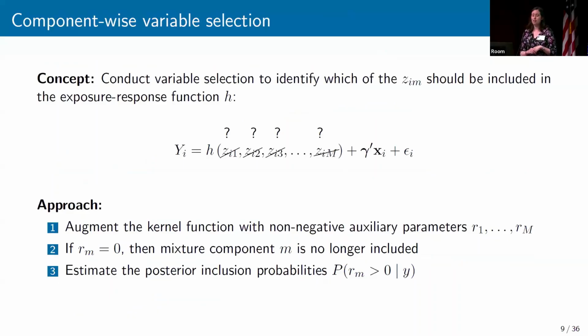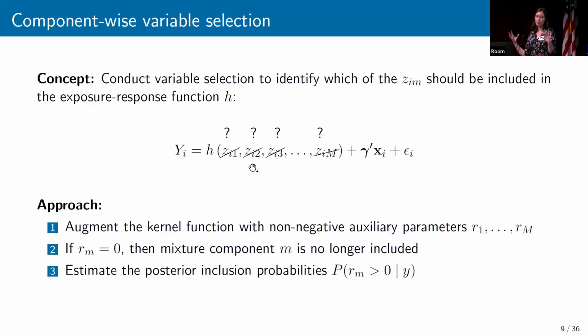So going back to the variable selection piece, we want to be able to identify which of the mixture components should really be included in our H function. We're really just looking at this one at a time, but it actually is happening all together in the model fitting. We're asking, is Z1 an important mixture component? Yes or no? Should that be included in the H1? Is Z2 an important mixture component?